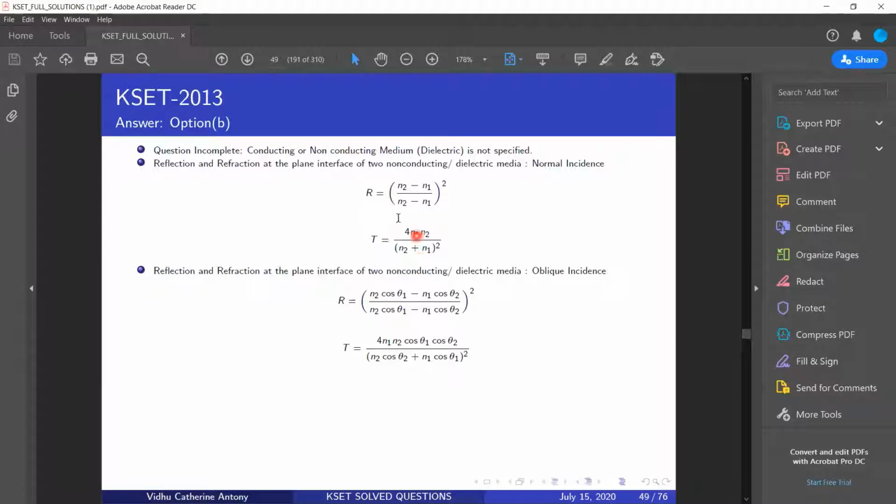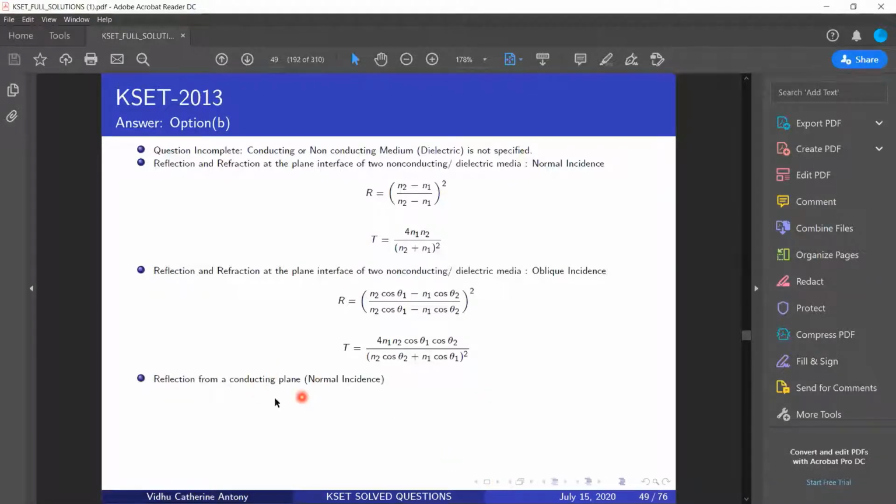So if you know this, you know this. All you have to do is put the cosine of the other angles. You have to be careful about that: this one is N2, this one is θ1. Other than that, I think this is pretty okay to remember.